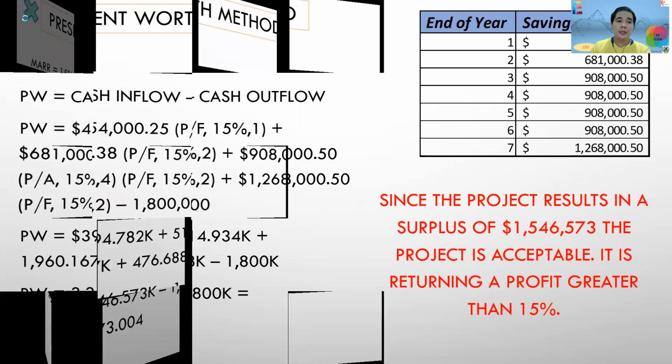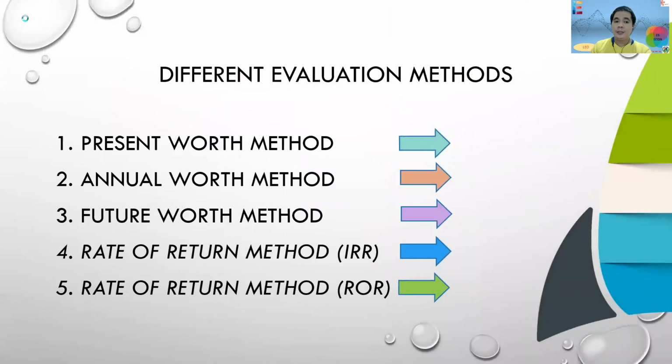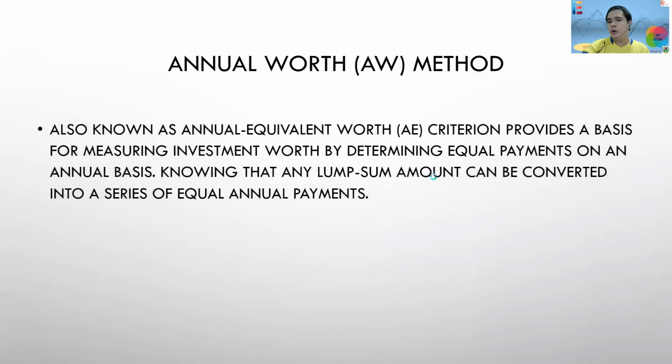I'll be presenting on the succeeding topic, the annual worth method. The annual worth method is also known as the annual equivalent worth or the AE criterion, which provides a basis for measuring an investment's worth by determining equal payments on an annual basis. So you are looking into what is the equivalent annuity for all of your cash inflows and cash outflows.